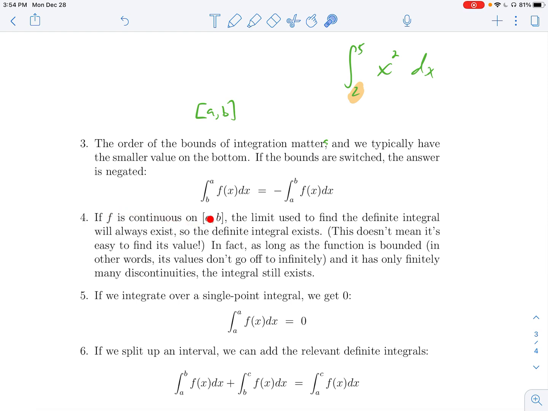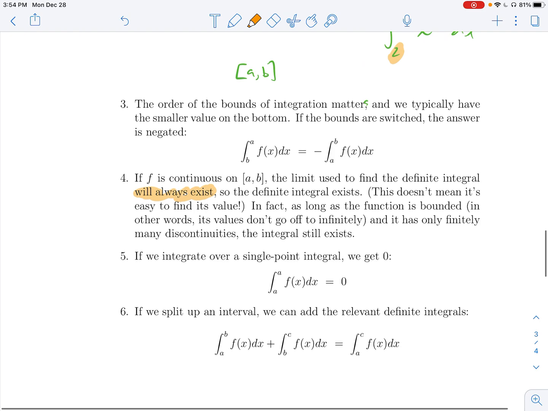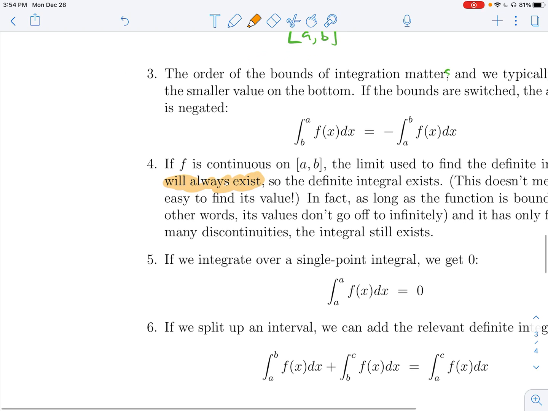If the function is continuous, this limit, a definite integral is a kind of limit, will always exist. You're guaranteed to be able to compute it. I'm not saying it's easy to find, I'm just saying there is an answer. And in fact, as long as the function is bounded and has only finitely many discontinuities, you can also do this. The word here is integrable.